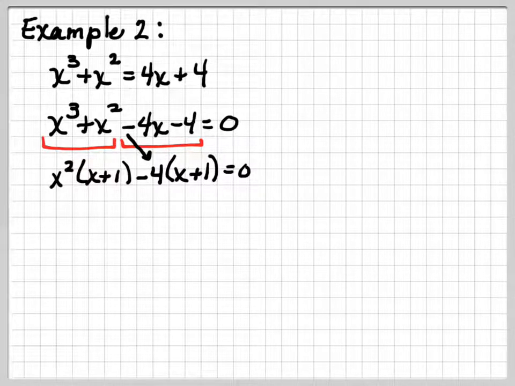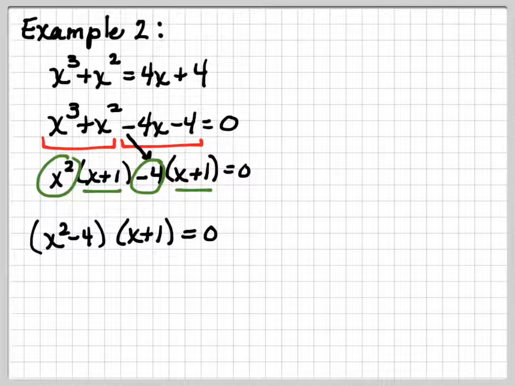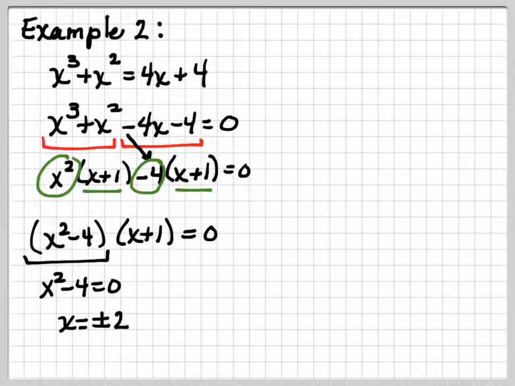Now, in regrouping, I have my common factor of x plus 1 in this case, and I can put the x squared minus 4 together, and that gives me those two factors equal to 0, which means x squared minus 4 would be x equals plus or minus 2, or x equals negative 1.